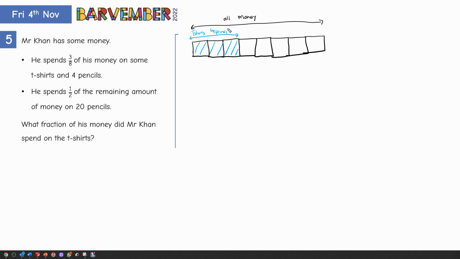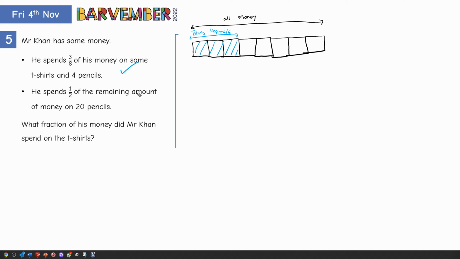Now, of course, we don't know how much of this is t-shirts and how much of this is pencils. We're not given any idea. This is all together, so we don't know. We can't find out how much is spent on the t-shirts yet. Okay, so we've got that bit of information there.